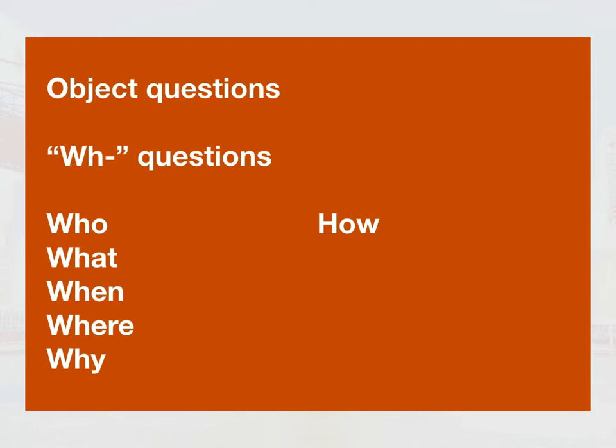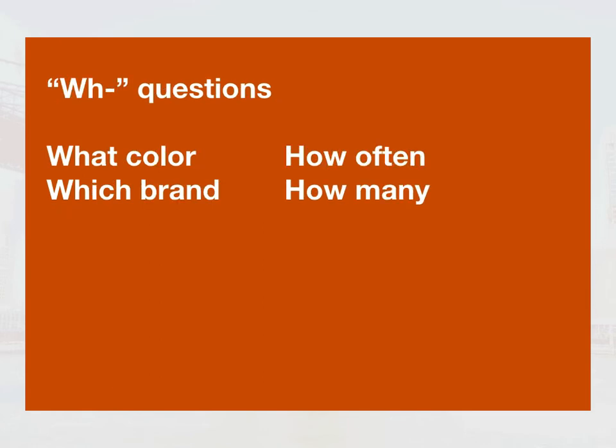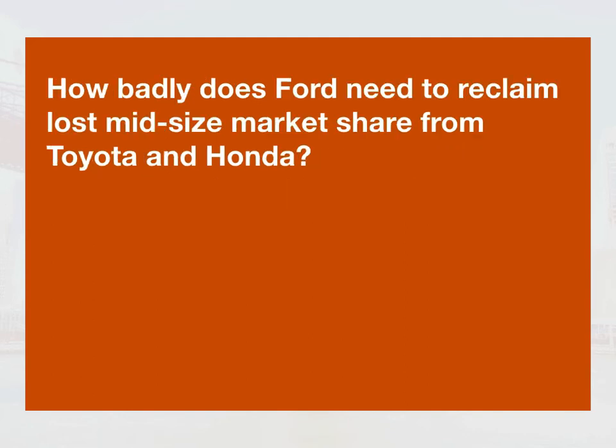And we'll also sometimes use which, like we did with subject questions too, but just pay attention and you'll be able to see whether the who or the which is referring to a subject or an object. So also quite common to use several of these in combination with some further information. So you would put them together and have, for example, what color, how often, which brand, how many.